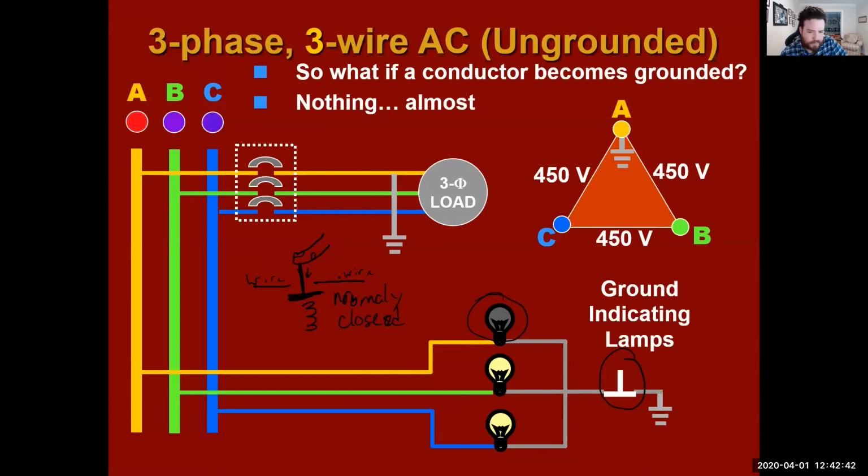So there's a little spring right here, and this is a normally closed button, which means when it's unpushed, it's connecting this side to a ground, and the only ground on the vessel. But as soon as you push down on it, you're opening up the ground.